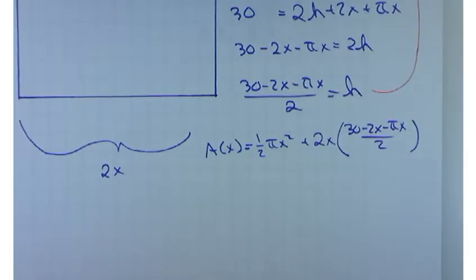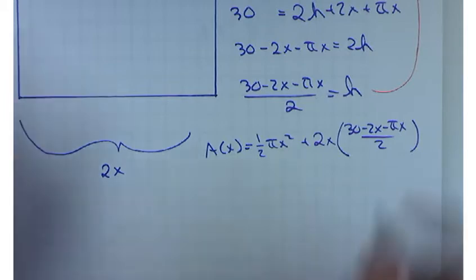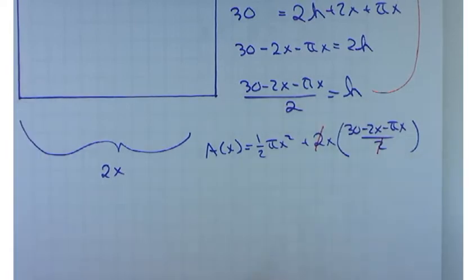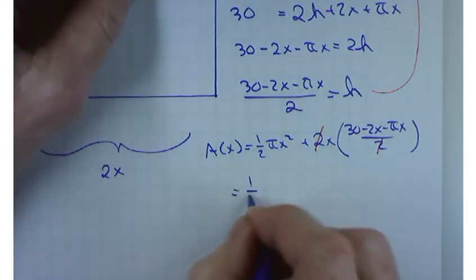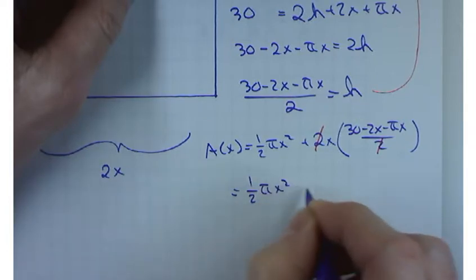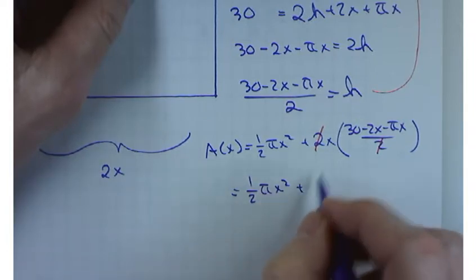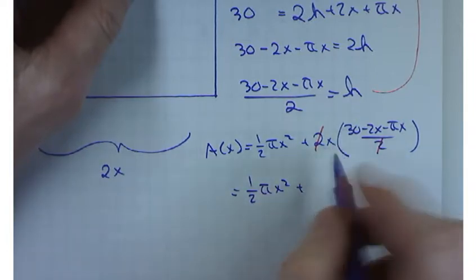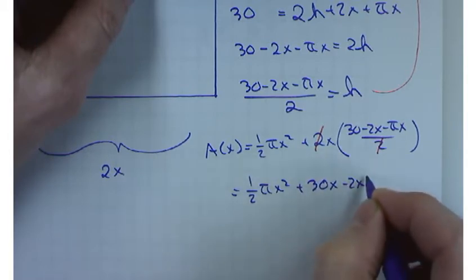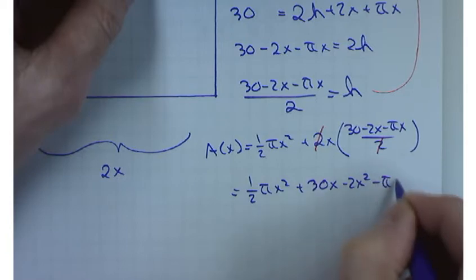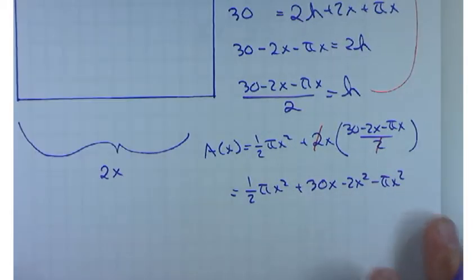And as I said, the 2's will cancel. One half pi x squared plus, let me distribute the remaining x. That's going to be 30x minus 2x squared minus pi x squared.